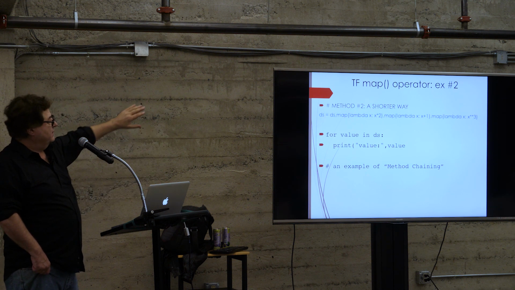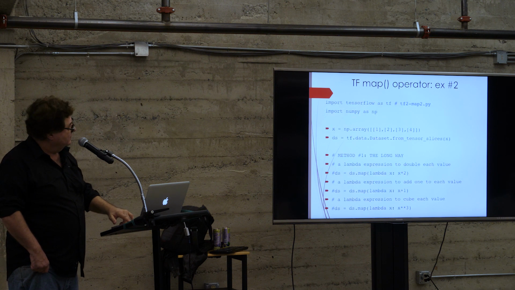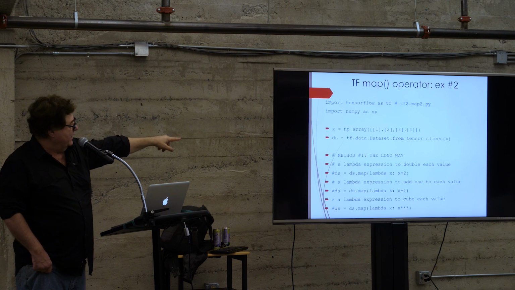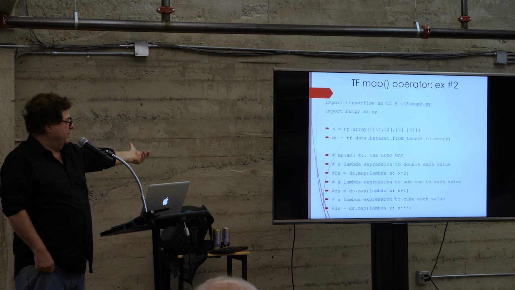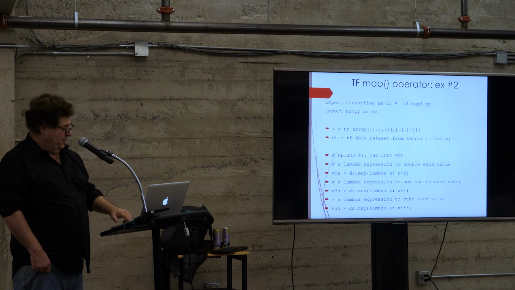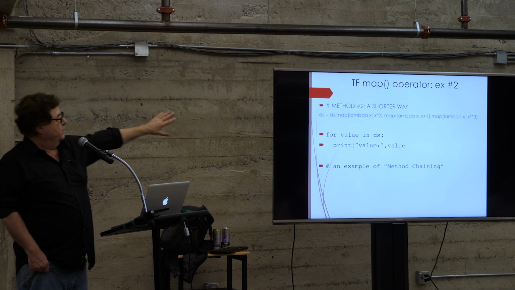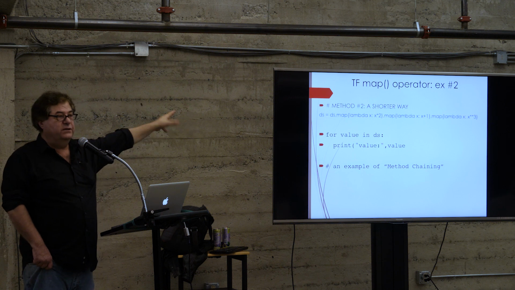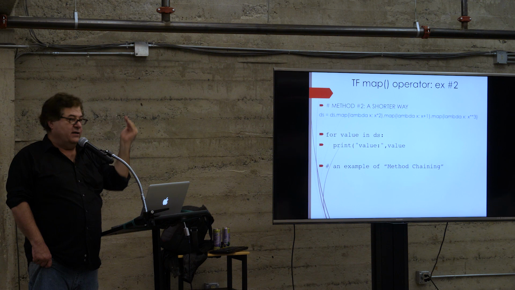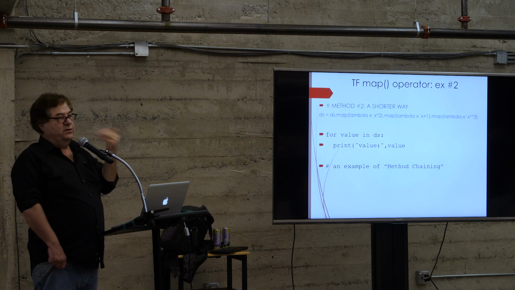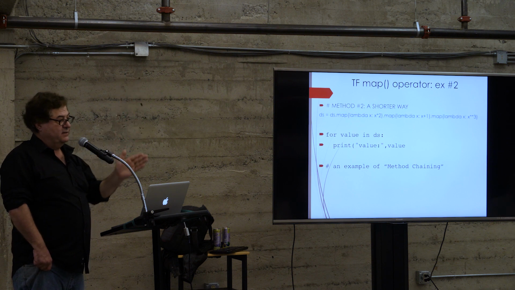Now, there are different ways you can do this. Another way, which I didn't show you, amounts to the same thing. It's just a matter of style. What you'll find a lot of times is that you line it up according to the dot symbol.